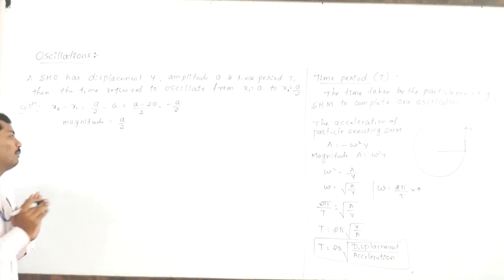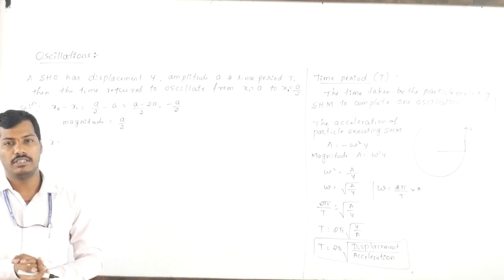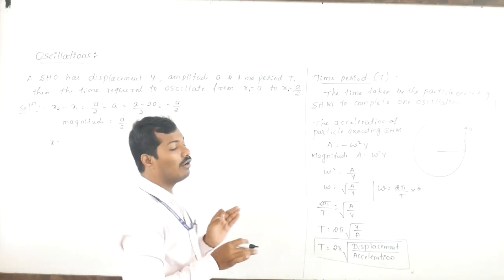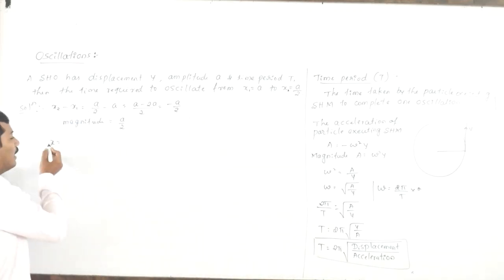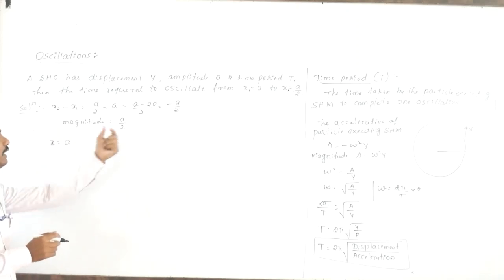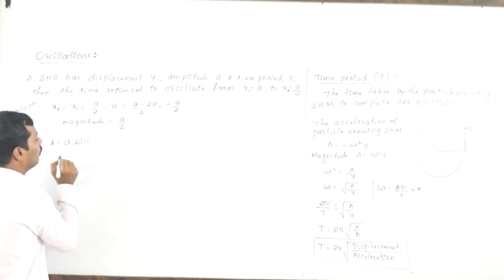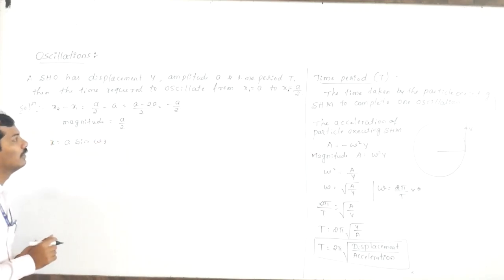But our displacement equation is x equals, you can take sine or cos here. We are taking the equation in terms of the sine harmonic function, so x equals A sine of omega t, where A is the amplitude.